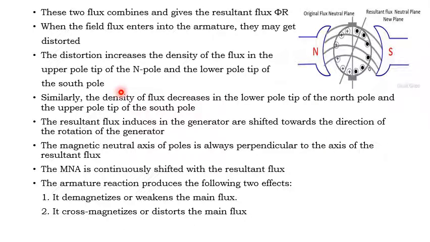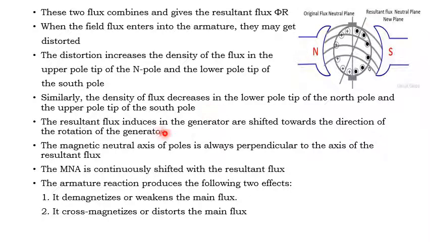Similarly, the density of the flux decreases in the lower pole tip of the north pole and the upper pole tip of the south pole. So here the density of the resultant flux decreases.